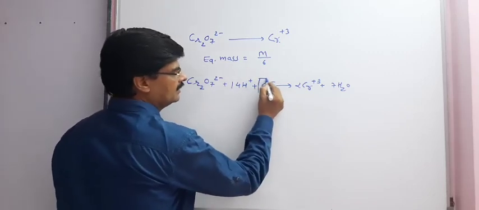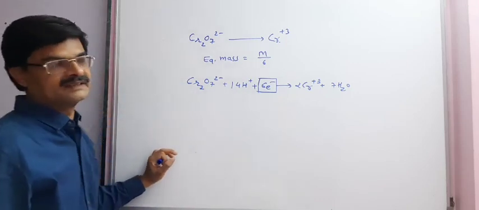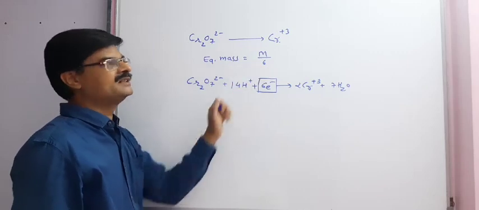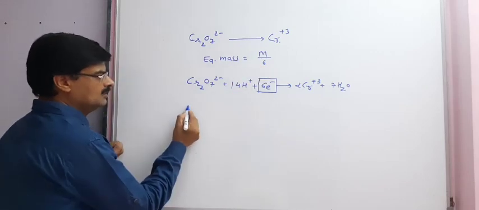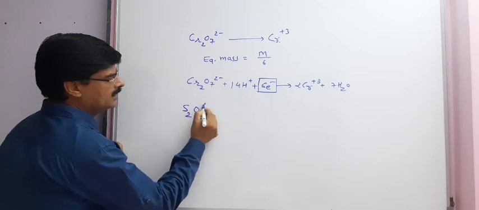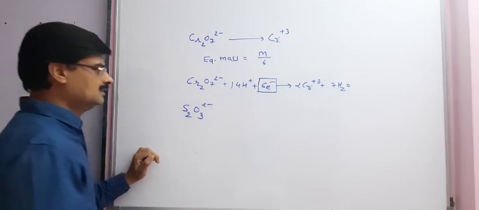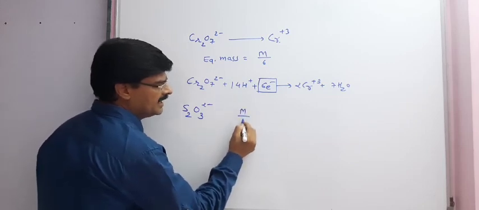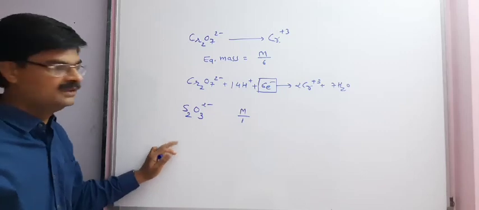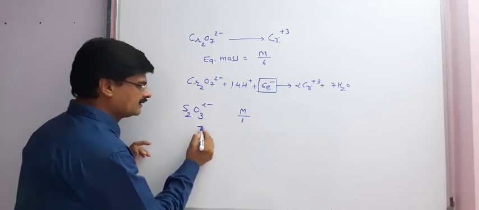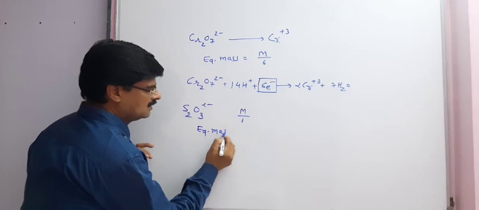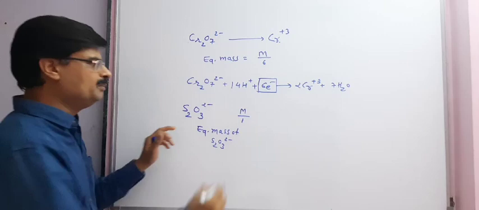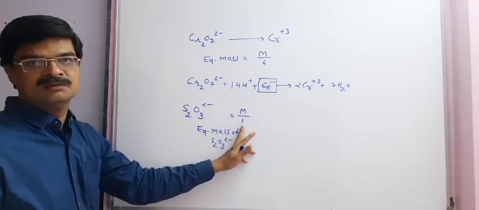Here we can see the number of electrons is 6, and that is why equivalent mass is obtained when molar mass is divided by 6. Now, S2O3 2 minus ion, the thiosulfate ion: we get the equivalent mass when the molar mass is divided by 1.